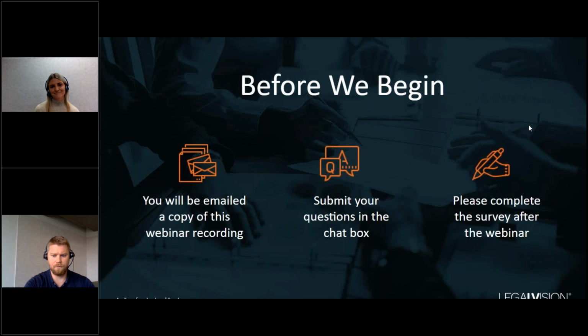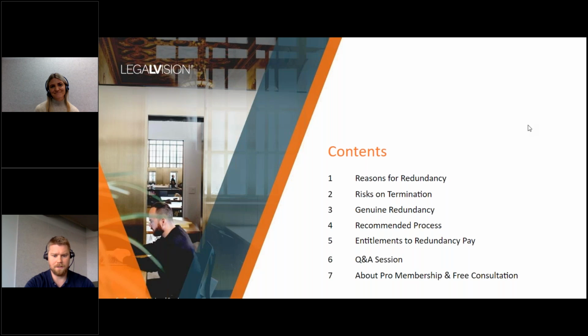So without further ado, we'll just get straight into it. What we're going to be talking about. Number one, we'll cover reasons for redundancy, so actually why you might make a role redundant. We'll talk about the risks, because there are risks when you go through a redundancy. Sophie's going to talk us through what a genuine redundancy is, and ultimately that's something that you can do to ensure that all the risks are as low as possible throughout the process.